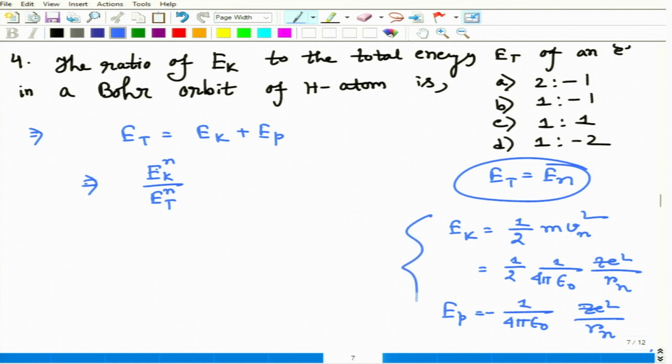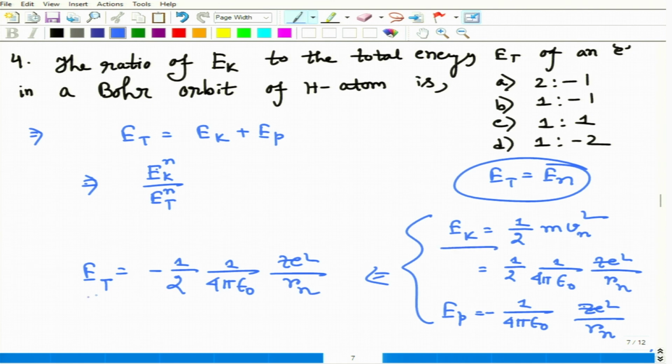So if you add this up, then you can have En, that means E total. E total will be half of Z square by Rn over 4 pi epsilon naught, as we are adding these two formulas. So if you look, EK and ET are the same, just having a negative sign.